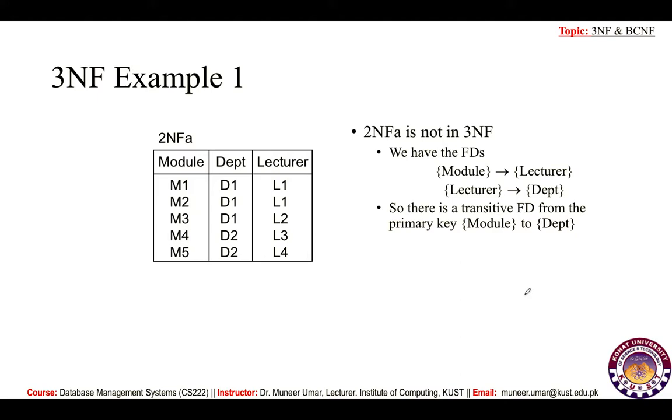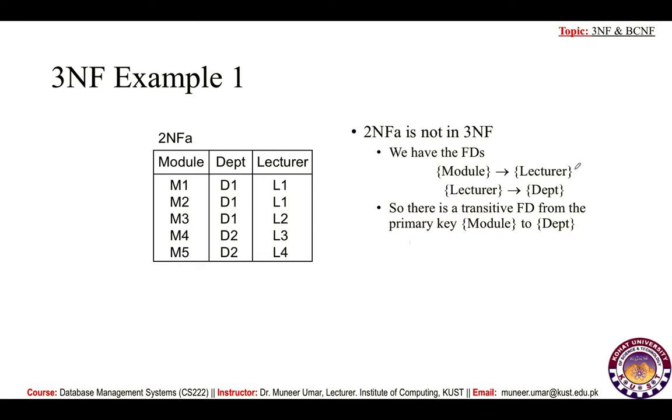Then we have some examples here. This table is not in third normal form. Here we have three attributes: module, department, and lecturer.